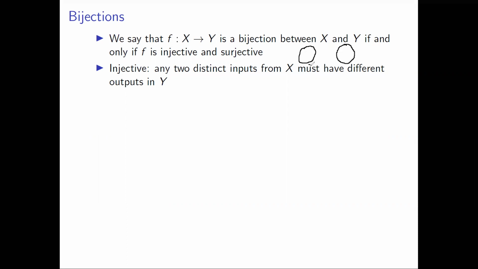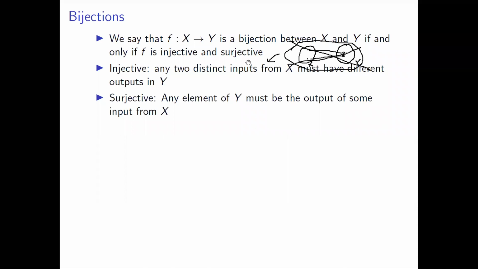So if we have x over here and we have y over here, and we have two distinct inputs from x, we want to avoid something like this. This right here is bad. So we want to avoid that picture for an injective function. If we have two distinct inputs from x, we want them to have different outputs, not the same output.